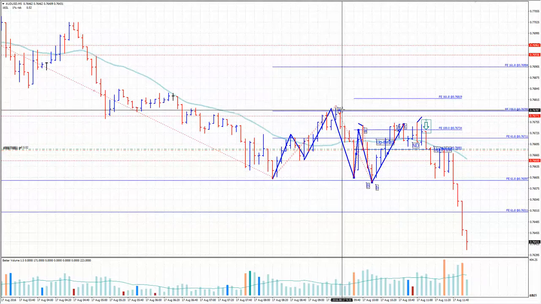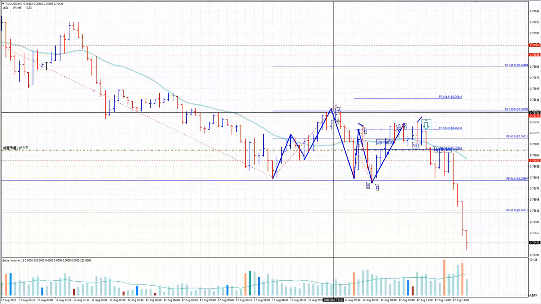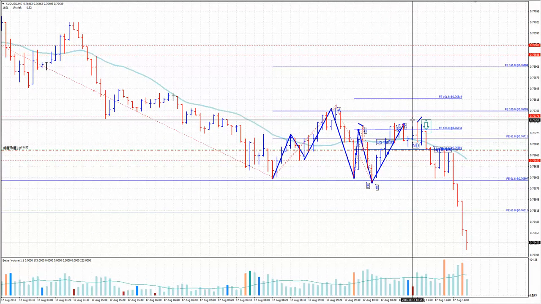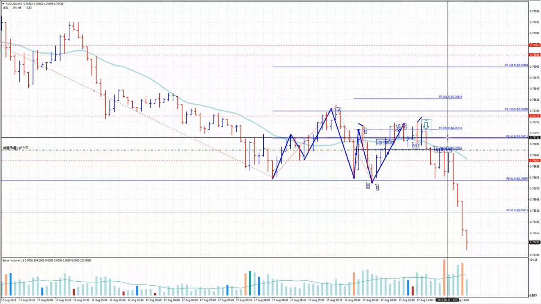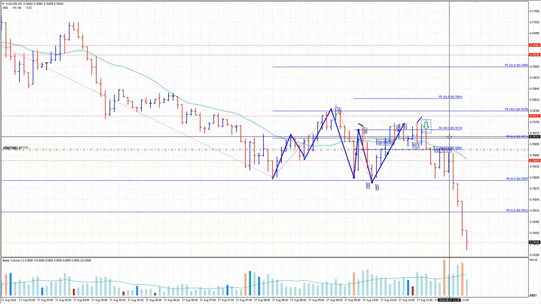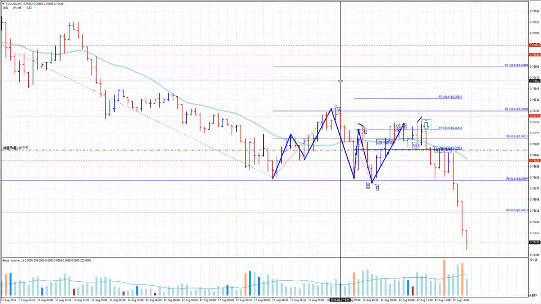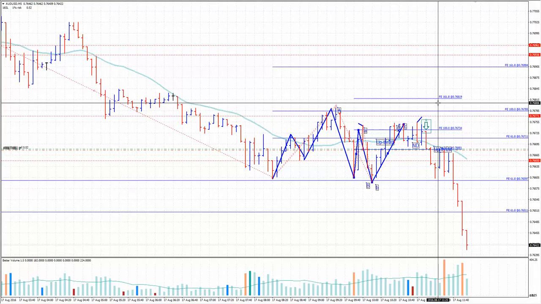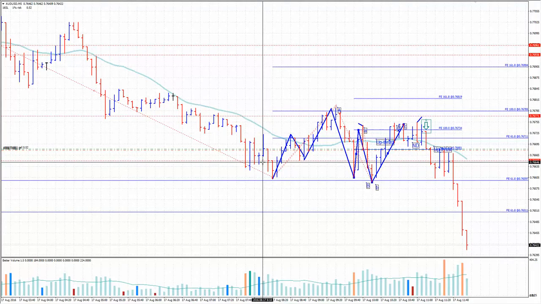This A leg, then B leg, if you calculate the B and C leg potential, this is about 61.8% of this ABC. So this is the irregular formation. I really like irregular corrective phases in a trend.